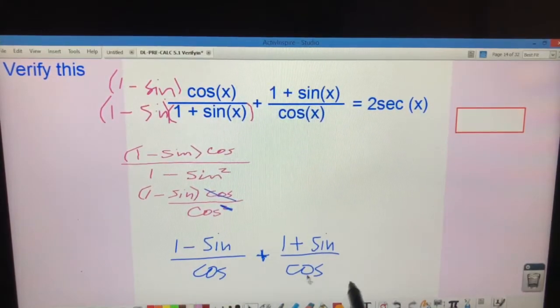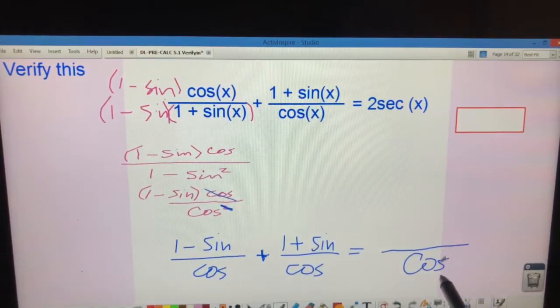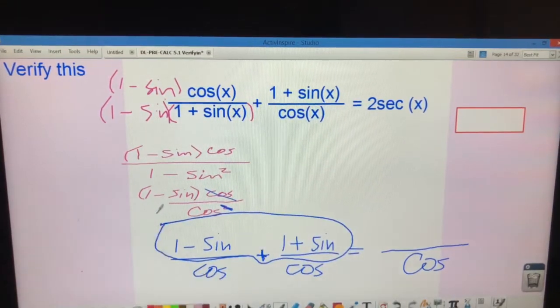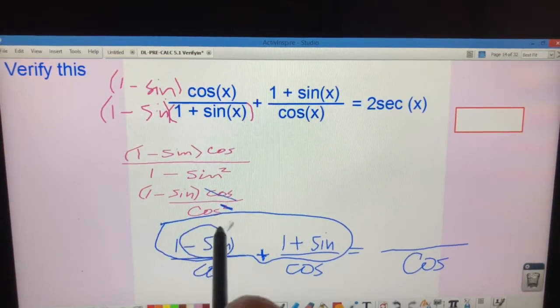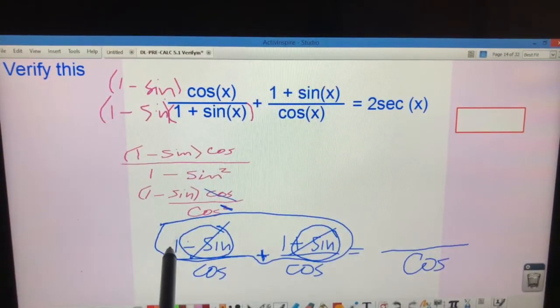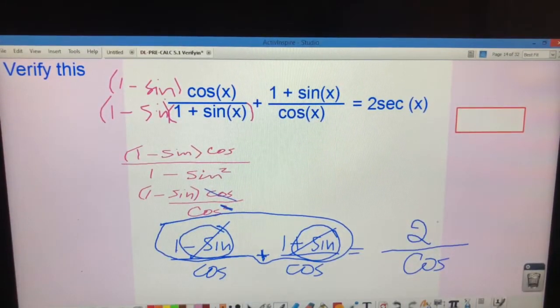So now I have the same denominator, so I can just add them with one denominator in the bottom, right? So you just add the top here together. So 1, you got negative sine and a positive sine, so that's a 0. 1 plus 1 makes a 2. Now, how is that equal to this?